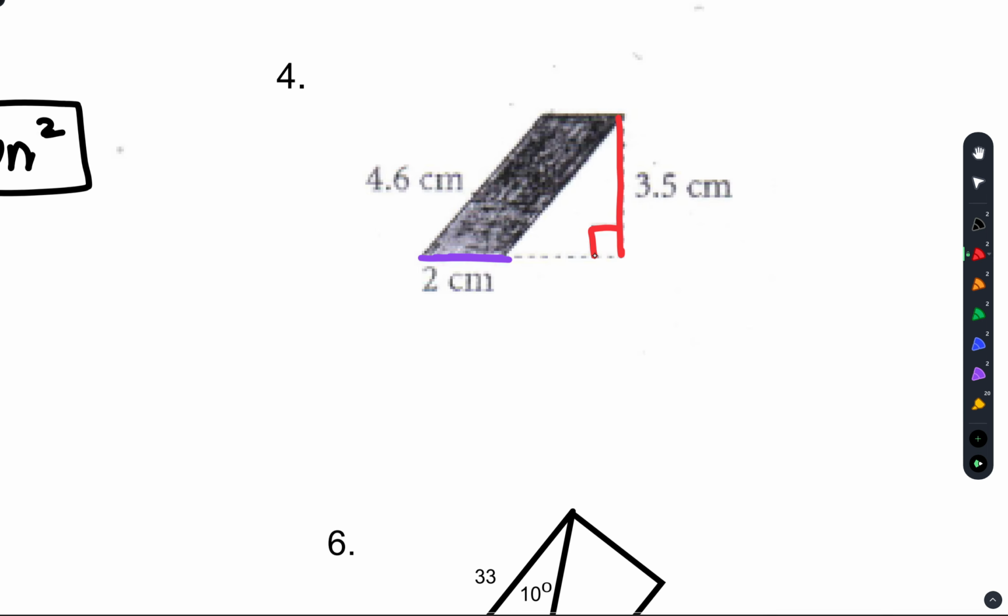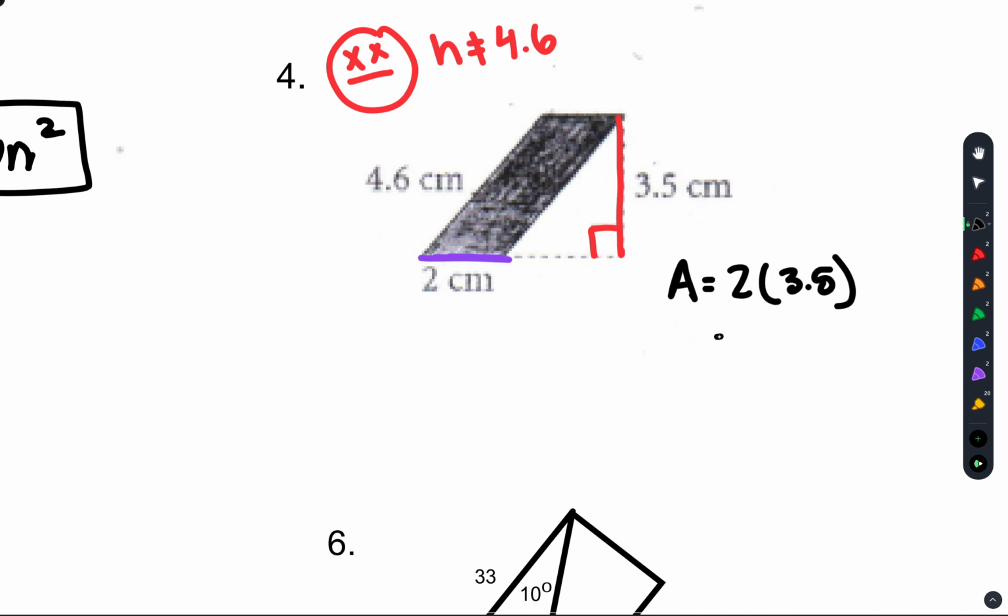Look at how it makes that right angle. I do not want to see us using this 4.6 as our height. Height is not 4.6. The area of this parallelogram is 2 times 3.5, or 7 centimeters squared. Questions? We're good on that?